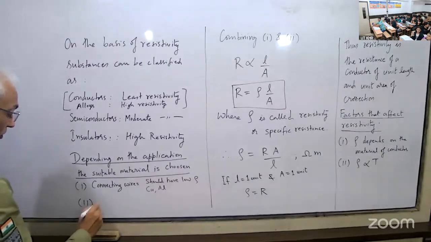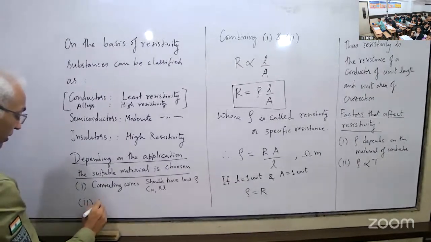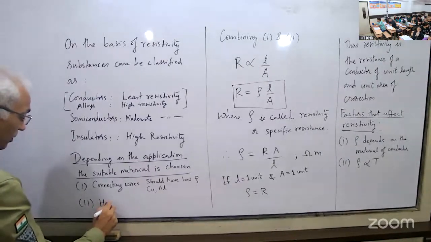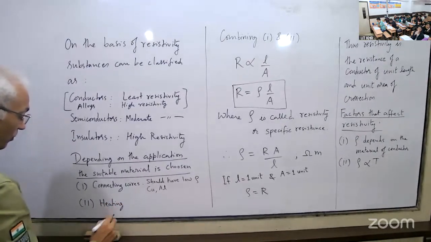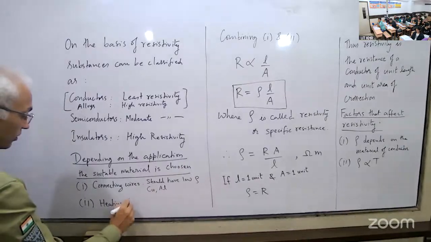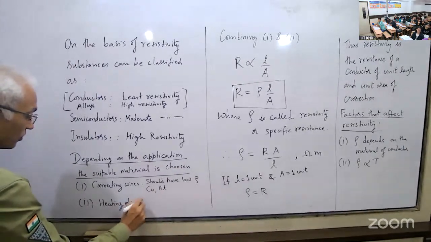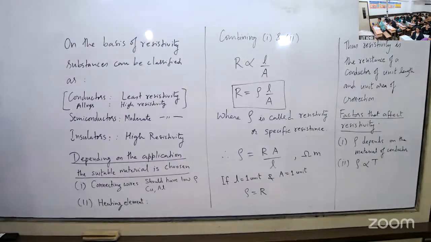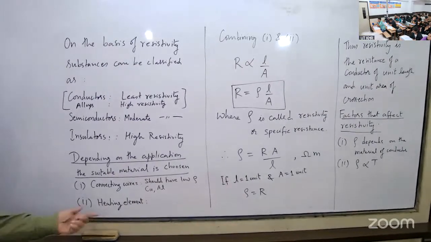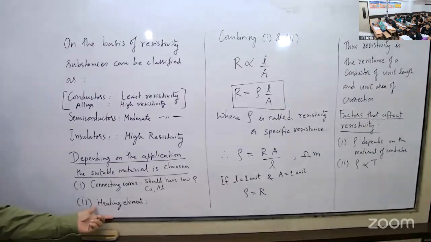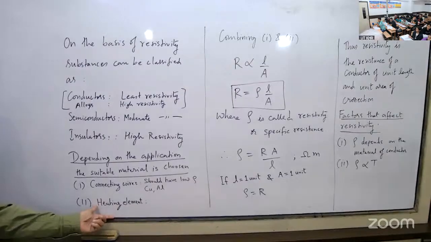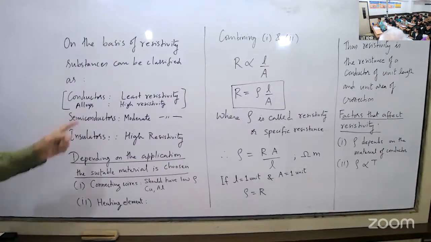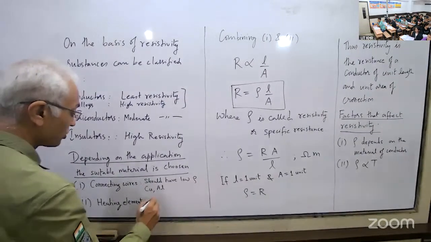Then, if I have to use a heating element, what do we use here? Here we require high resistance, so we use an alloy. In the alloy we use nichrome wire.